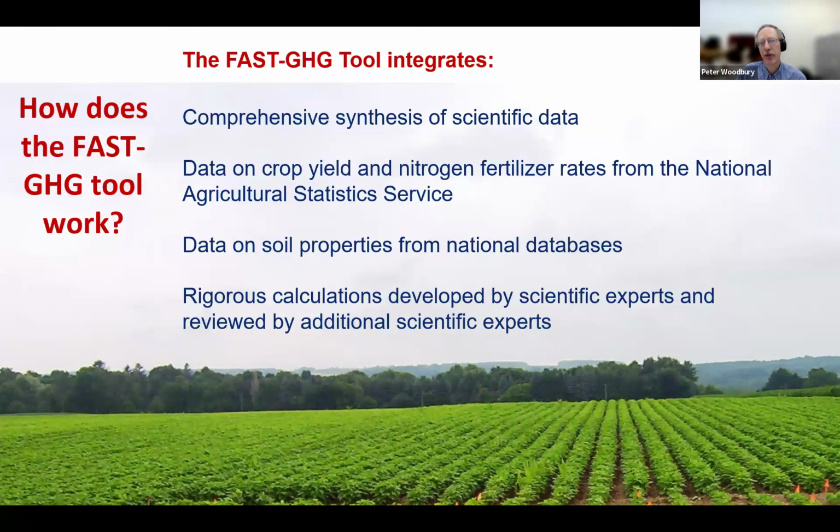Those data come from the National Agricultural Statistics Service and other government databases. For example, we have soil properties from national soils databases. The effort here is to really make rigorous calculations developed by scientific experts and reviewed by additional scientific experts.